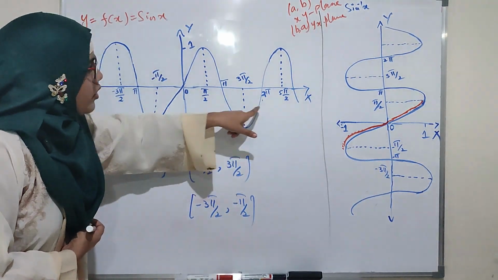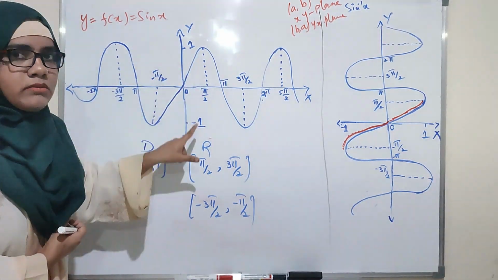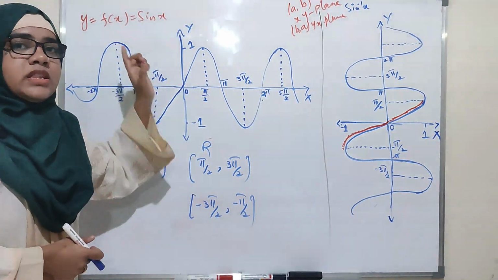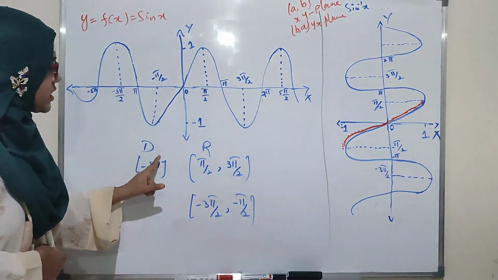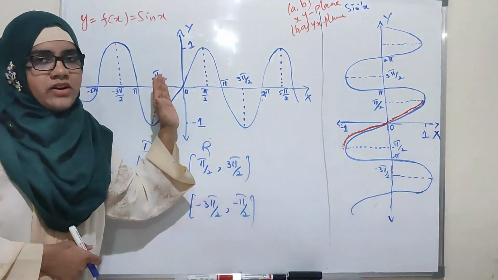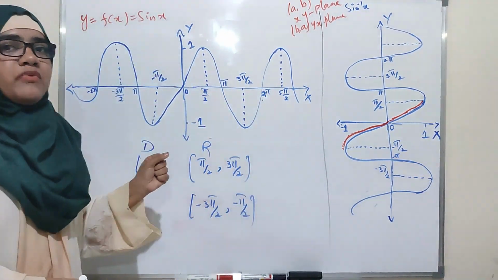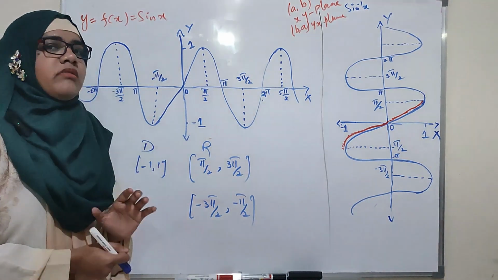If we take any value of x from the real numbers, we will get values between minus 1 and plus 1 on the y-axis. That's why minus 1 to plus 1 is the range of sin x. To find the inverse of sin x, we have to check whether the given function is one-one or not.